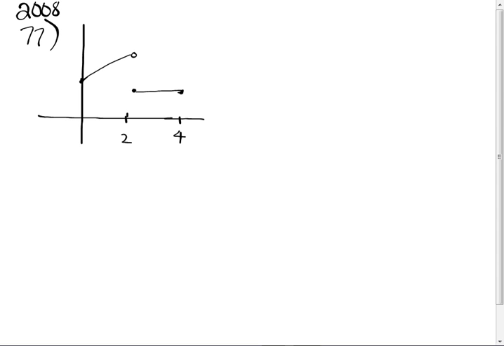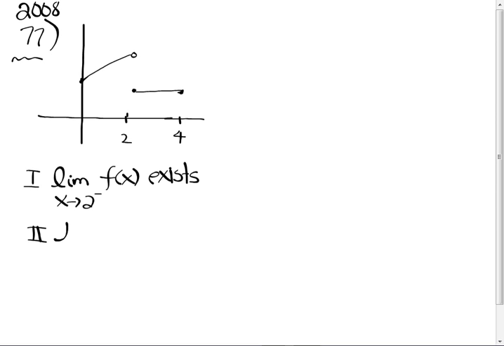On the multiple choice or the free response? No, this is calculator. You can tell because it starts with 77. Well, it's all the same color. They're over there on the table.